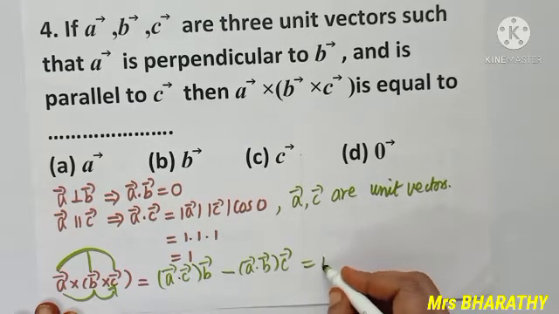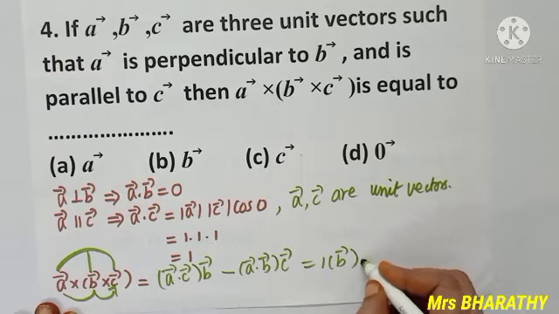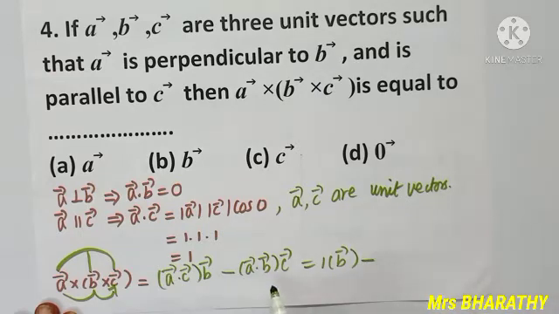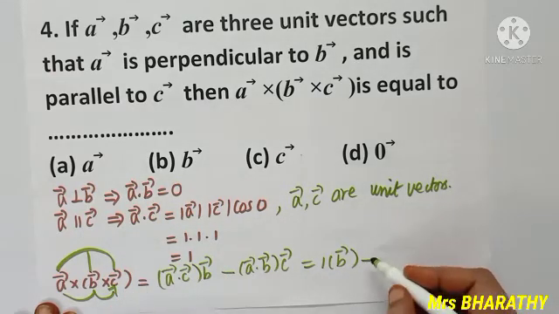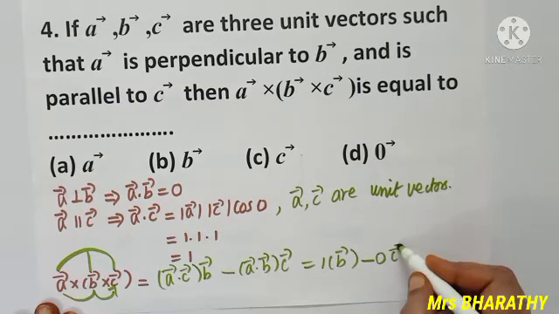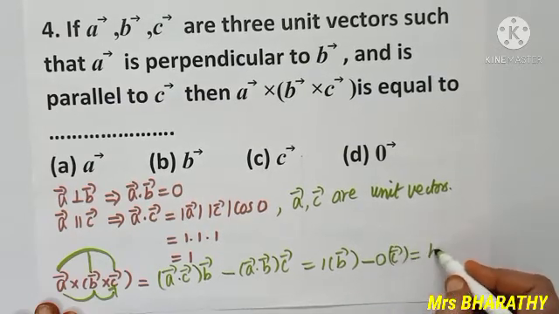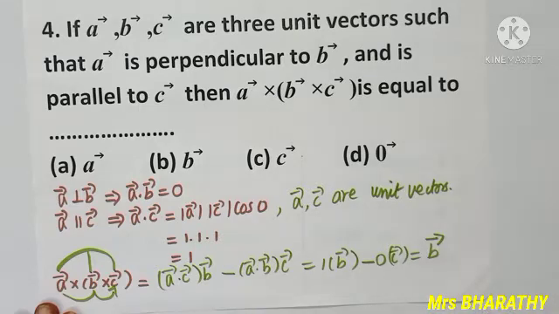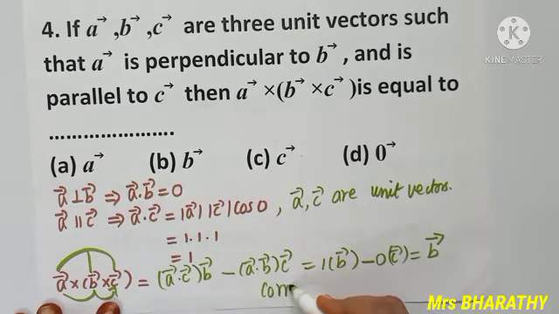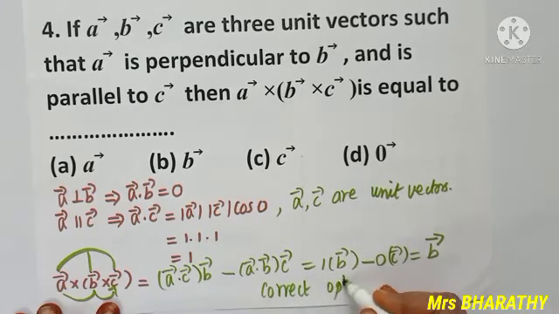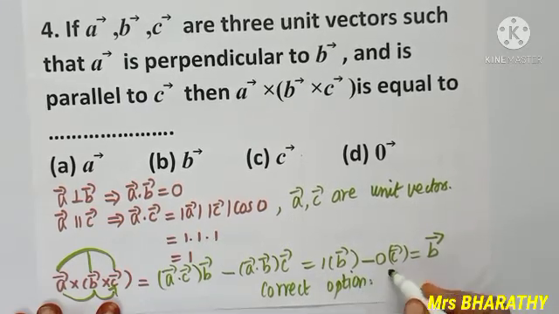So 1 into B vector minus A dot B, we have got 0, 0 into C vector. So my answer is B vector and the correct option is B. So for this question, the correct option is B and the answer is B vector.